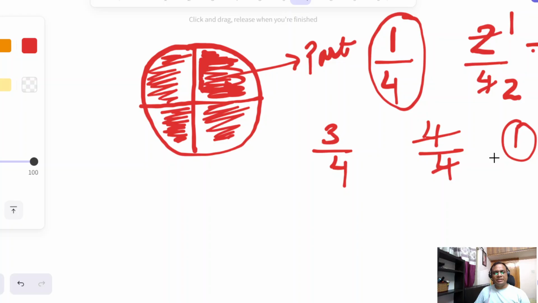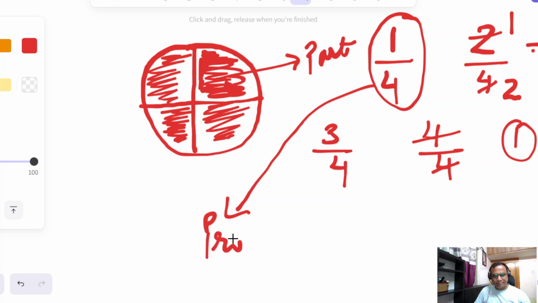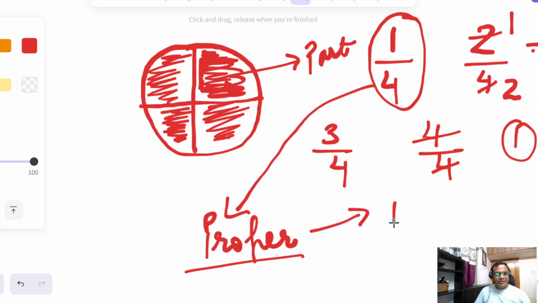And we'll also learn the various types of fractions. One of the fractions is, for example, this fraction. This is a proper fraction. So what does proper fraction mean? When your numerator is lesser than the denominator. We know that, right?